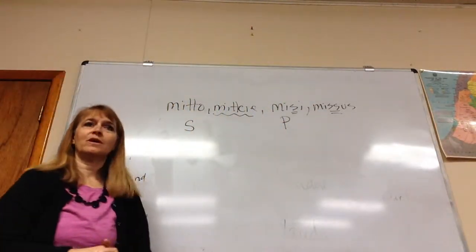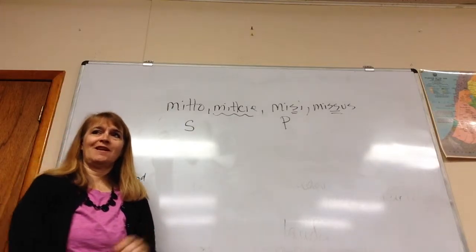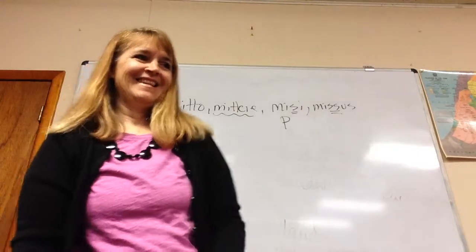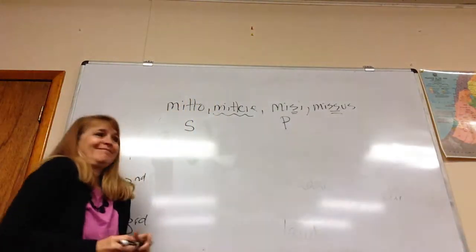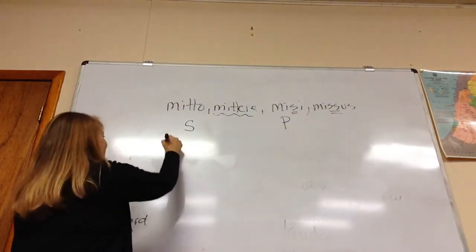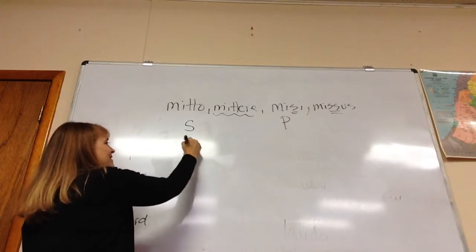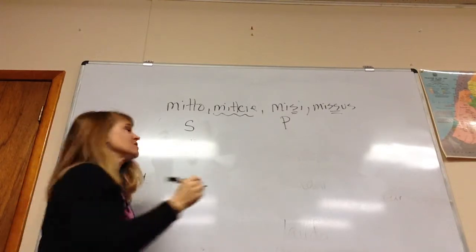Anybody want to do it on the board? Oh, I bet I'm going to have a taker here. No goes. Okay, that's all right. I'll do it. I'm used to this all day long. So we're doing present passive first.